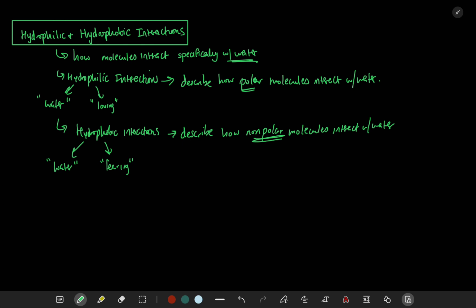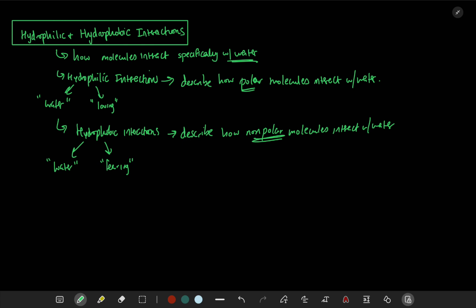And it's a lot easier for nonpolar molecules to interact with other nonpolar molecules than with polar molecules such as water. So it's just easier from a physics standpoint for water to form a sphere, and for these nonpolar molecules to aggregate in the center.